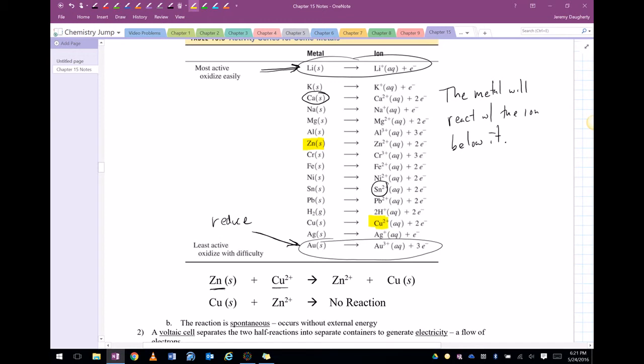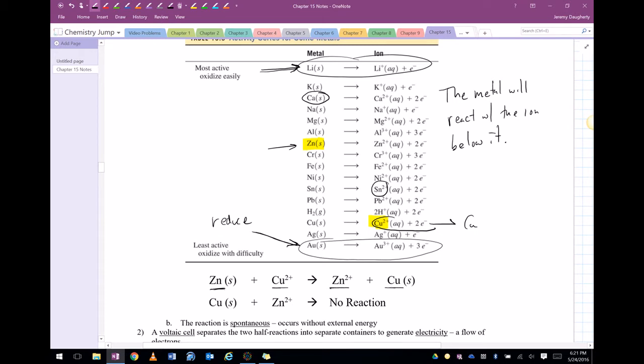So when I put zinc and copper 2+, they will react. The zinc will lose electrons, oxidation, so the zinc will be oxidized. The copper 2+ will be reduced, so I'll get this reaction going to copper. And so I'll form zinc 2+ and copper.